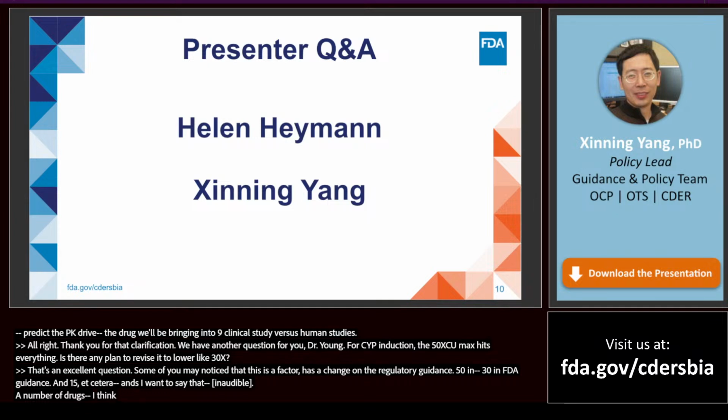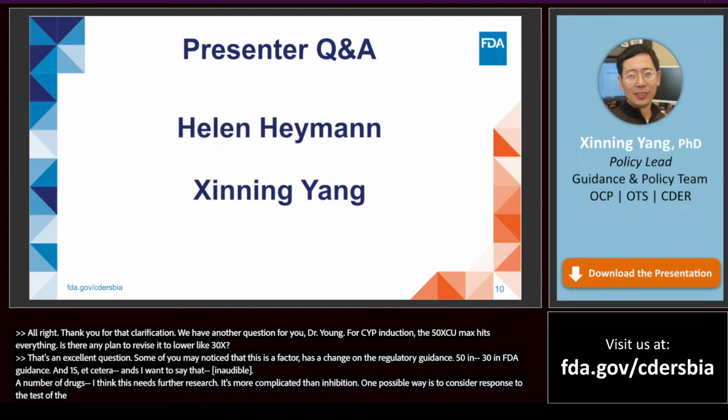Apparently, induction is more complicated than inhibition. One possible way is to consider the response to the tested drug relative to the positive control, for example, rifampin for CYP3A.